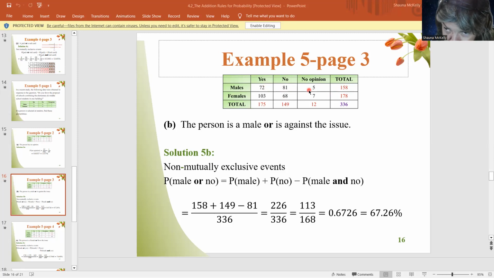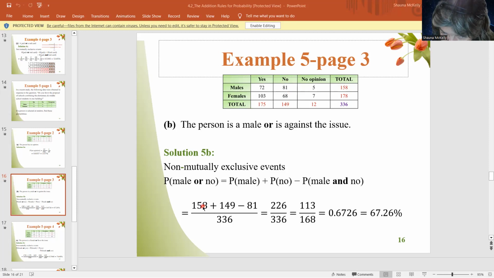And we have to add the people who said no, which is 81 plus 68, which is this number, 149. Now we counted a cell twice, and that was this 81 people here. If you look, males here include these three, and people who said no include this. So we don't want to double count these 81 people. We want to count them, but we don't want to count them twice.